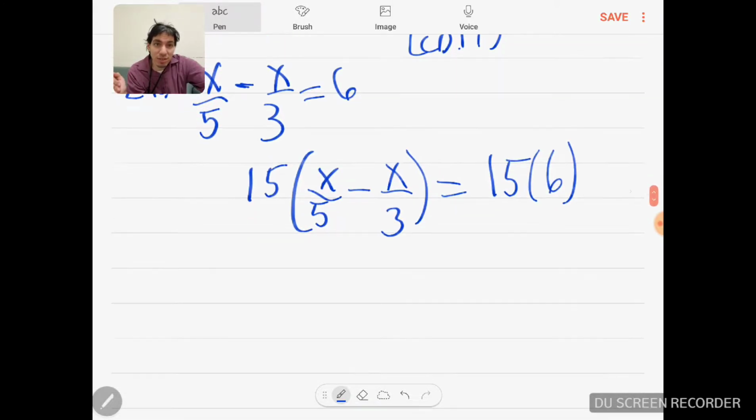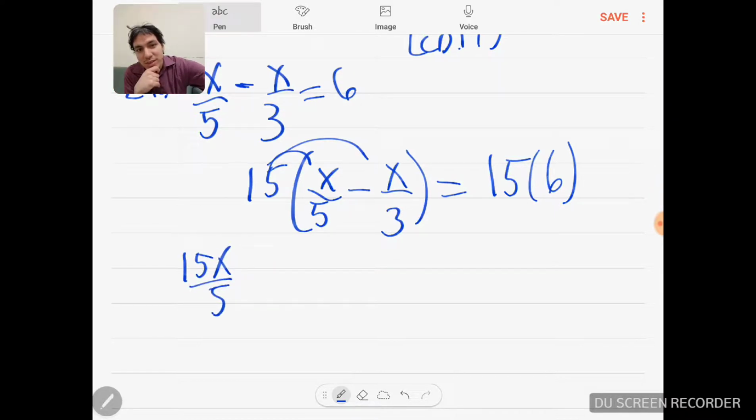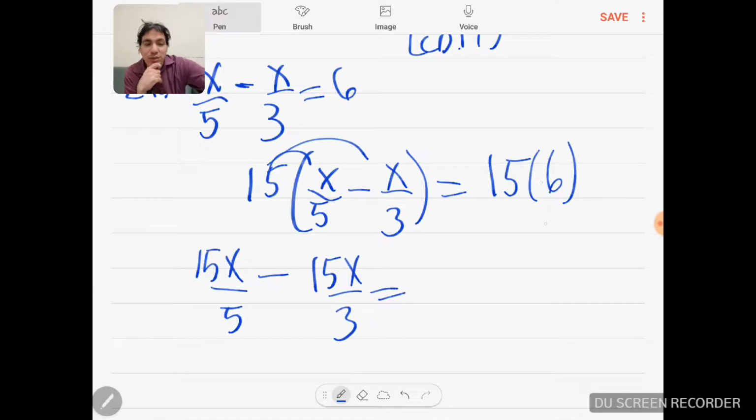Since parentheses are now present, you're going to distribute the 15 to both these two terms. 15x over 5, take away 15x over 3 equals, what is that? That's 90. So I know 5 goes into 15 3 times, and 3 goes into 15 5 times.